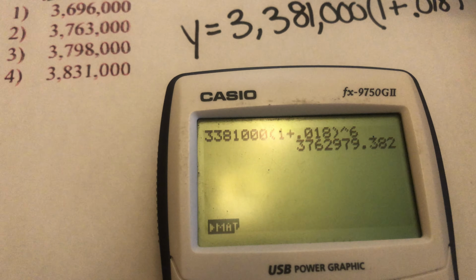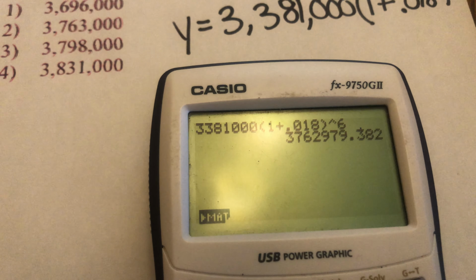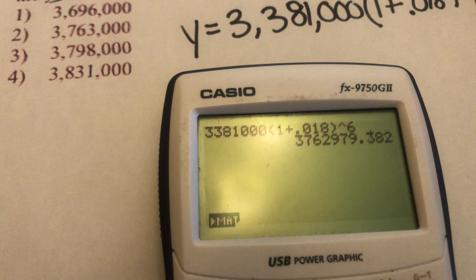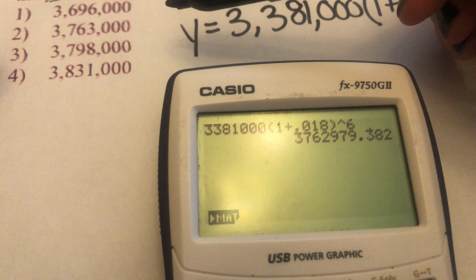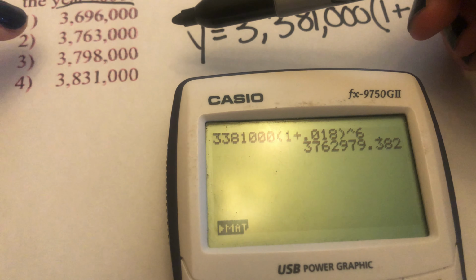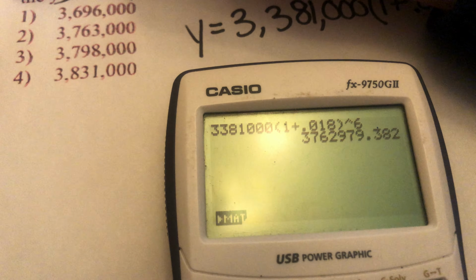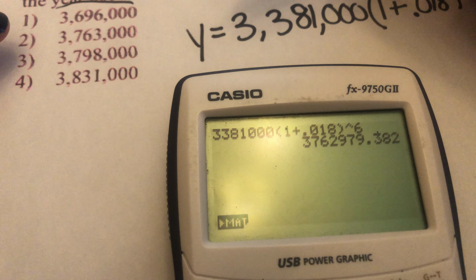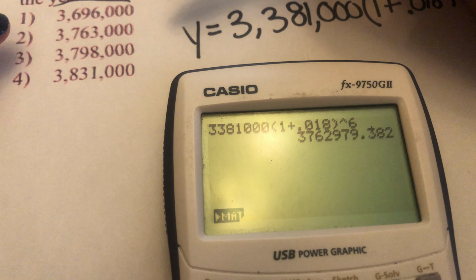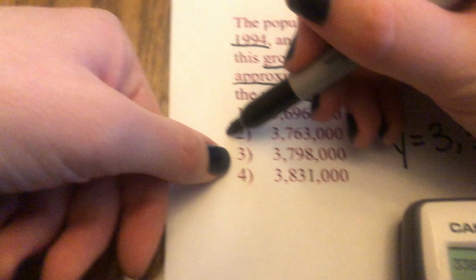We now just have to carefully look at our answer choices. Of course, we're talking about people, the population of a town, so we can't have decimals when we're talking about people. So our answer, if we round, it's asking for an approximate answer, right? So it's going to be the closest answer that we have here, which is choice number 2.